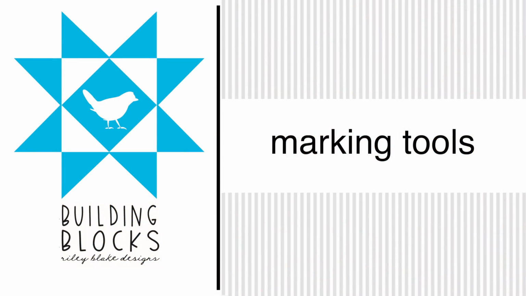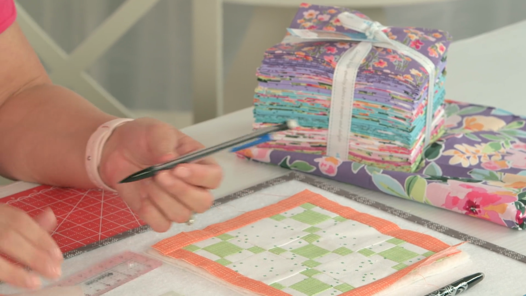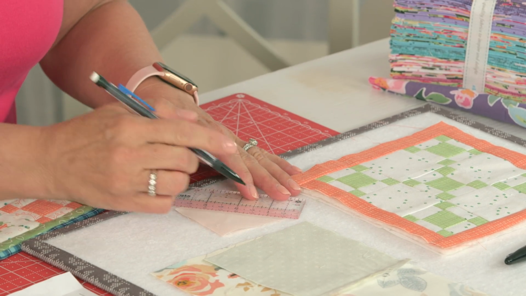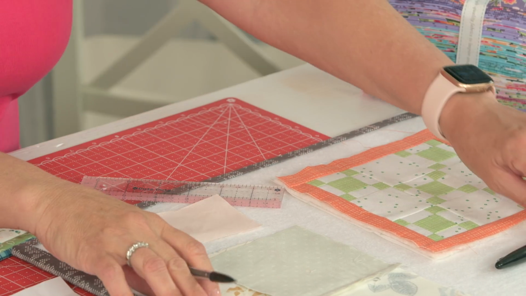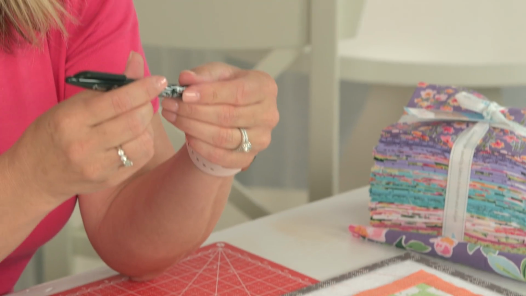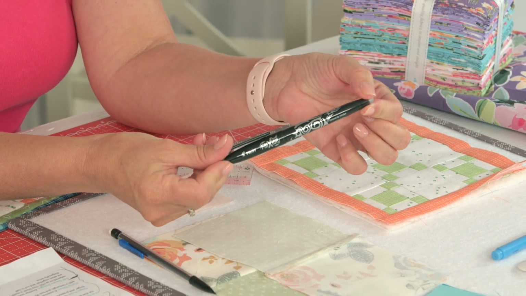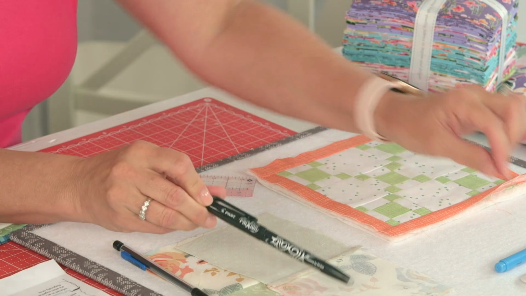So next term is marking tools. One of my favorites is just a mechanical pencil. And when you're marking a quilt block, you usually have to have a ruler, and then you can mark it with your mechanical pencil. You can use these friction pens, which disappear once you apply heat to them. So when you iron or when you press your quilt block, this disappears.